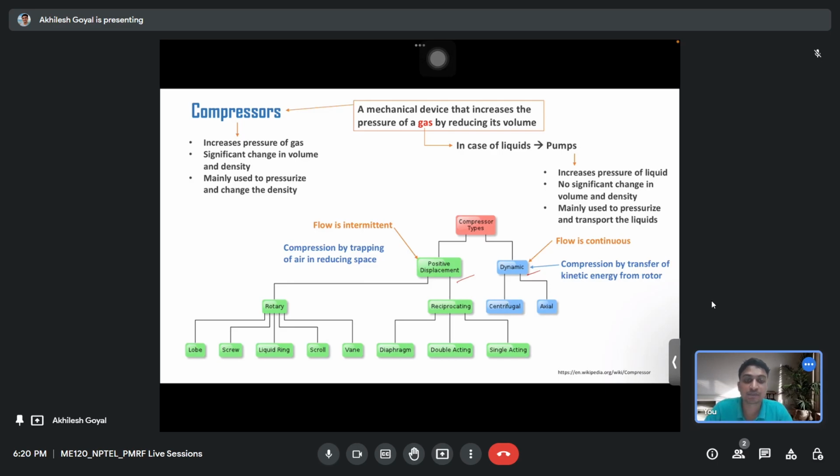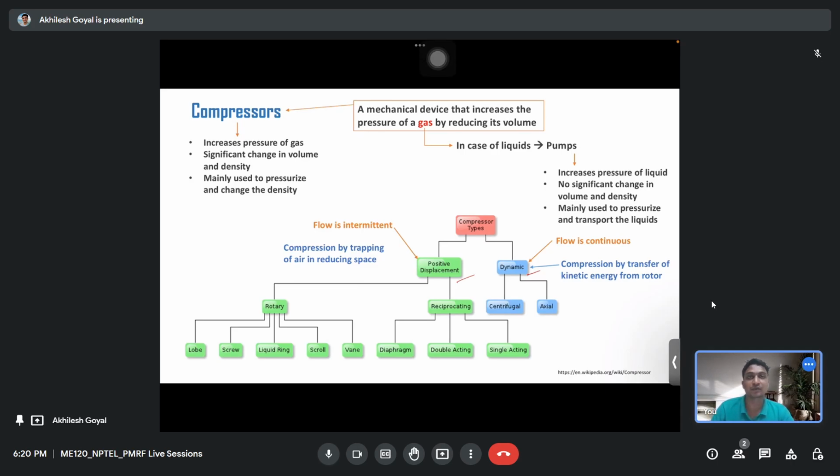These positive displacement compressors are again of different types. Reciprocating and rotary compressors are there. Reciprocating means the motion of the piston inside the cylinder is reciprocating. Again, they are of different types: single acting and double acting.